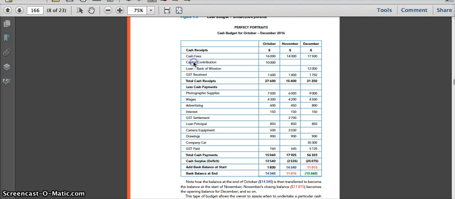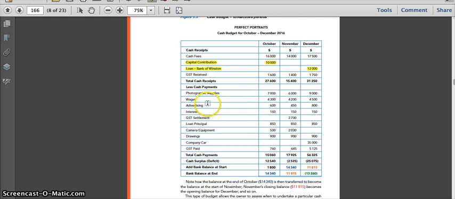For example, here we can see that in October, the business is planning to have a capital contribution. In December, they're planning on having a loan drawdown. So they're two cash inflows that are out of the ordinary, apart from having the cash fees come through.